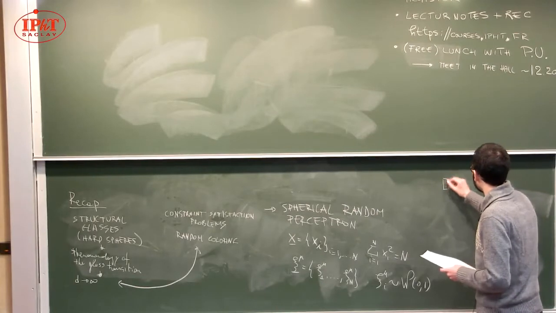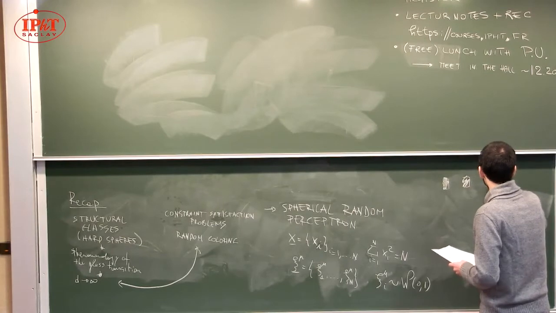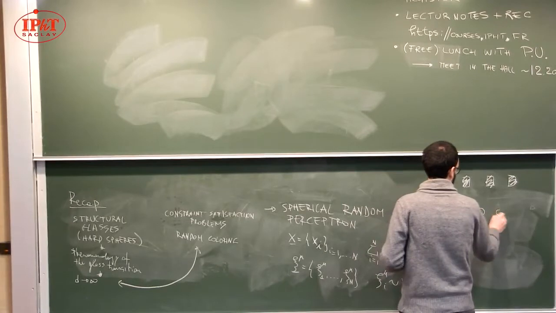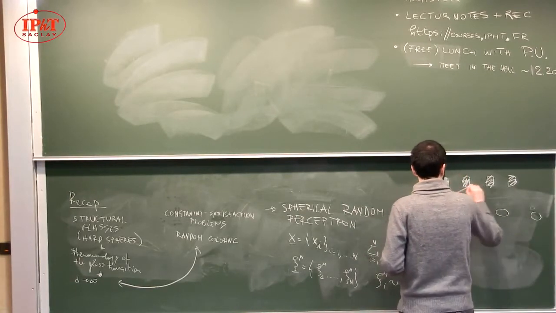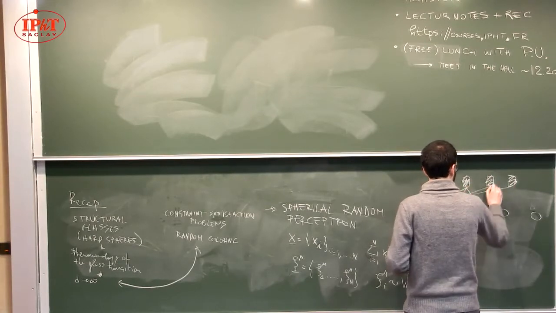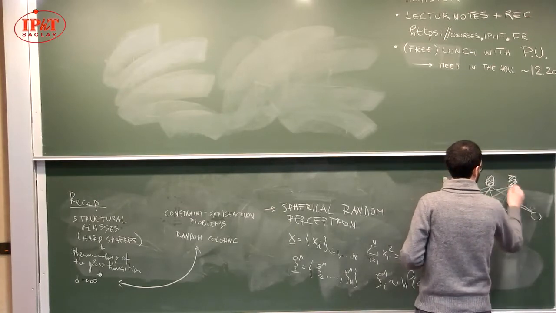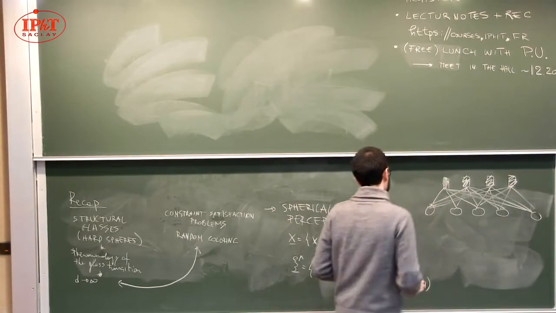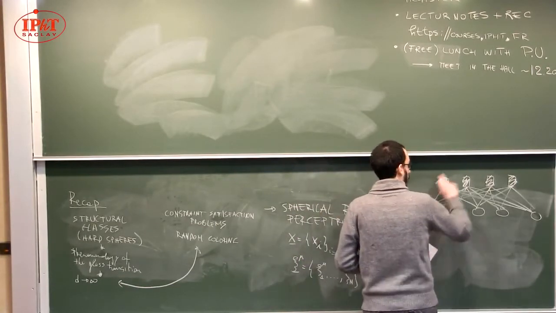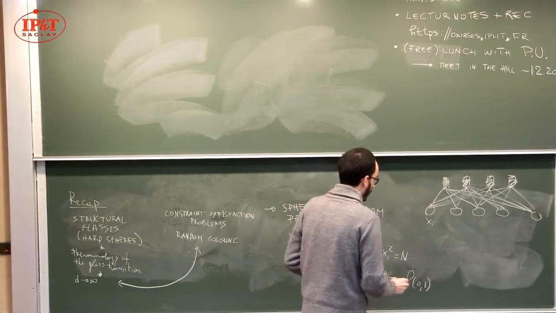It's a fully connected factor graph, so each variable x_i enters in all constraints.